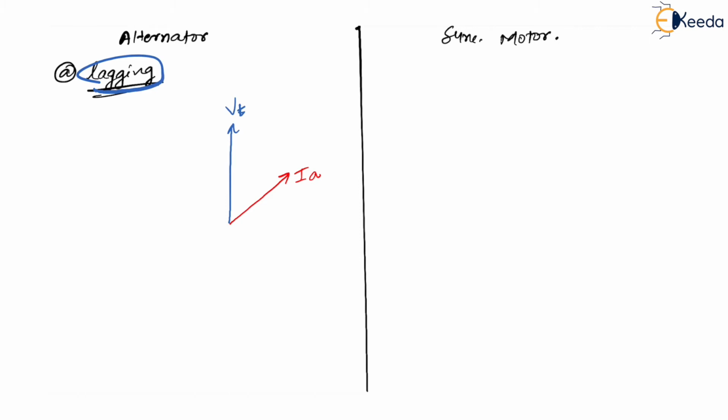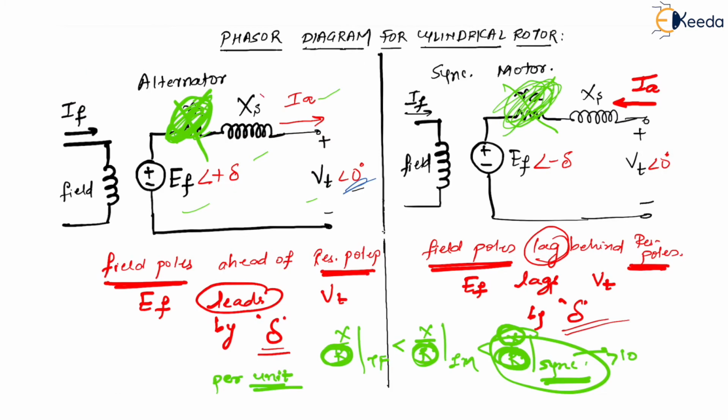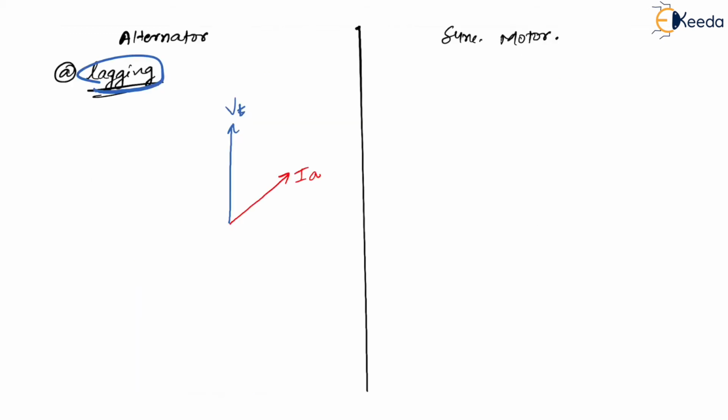Correct? Now, what happens here is, let us see. IA is lagging, correct? Now, we know that we have got this XS, correct? Now, in case of alternator, we know that this EF will be equal to what? The drop across XS, meaning IA XS, plus VT will be nothing but my EF. Is that correct? So, VT is already there. We actually need this IA XS, correct? So, if this is IA, then your IA XS will be where? Definitely, it is going to be 90 degrees to this one.